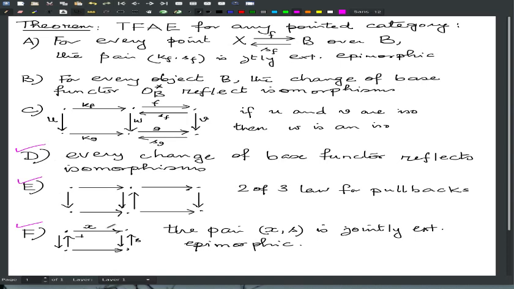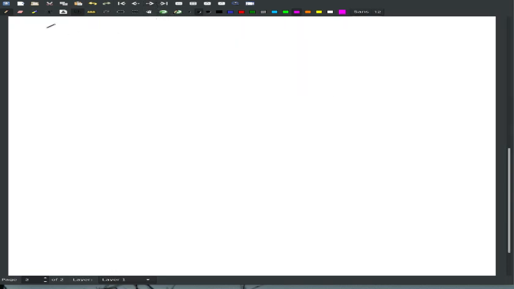Okay, now let me go back again towards this change of basis, because this is going to come to us again and again. Change of basis functor.